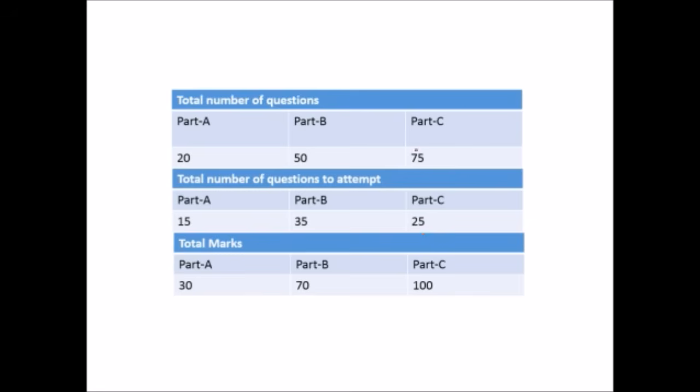Section C looks the easiest one, since you have to attempt only 25 out of 75, but it is the most dangerous as well as the most scoring part.